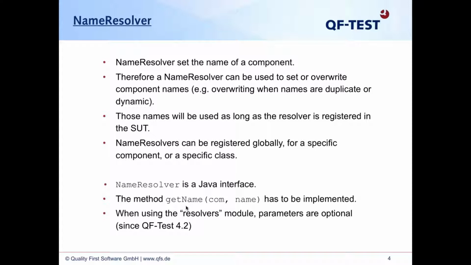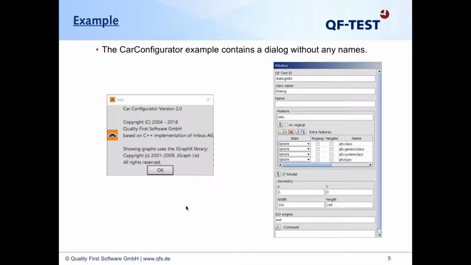You can register it globally, or just for a specific table, or for all kinds of a class, a dialog for example. For all kinds of dialogs, you can register this code. And as long as your method is registered as a resolver, it is asked for the name of the specific components. When you remove the resolver, the default mechanism of QF-Test works again.